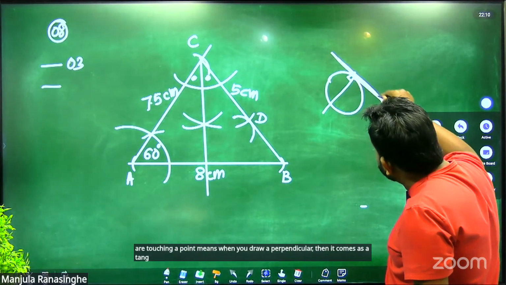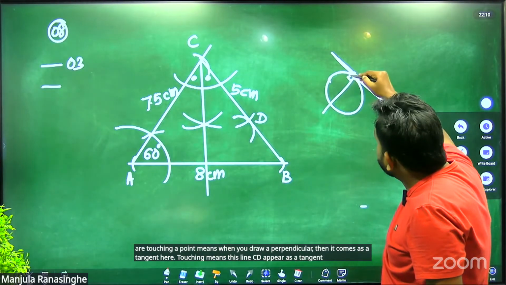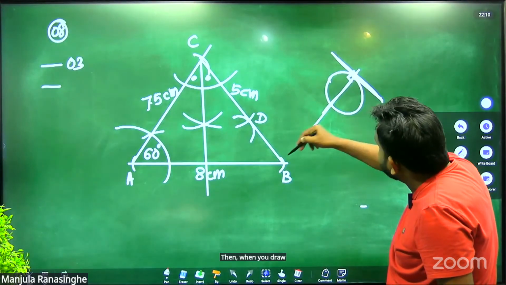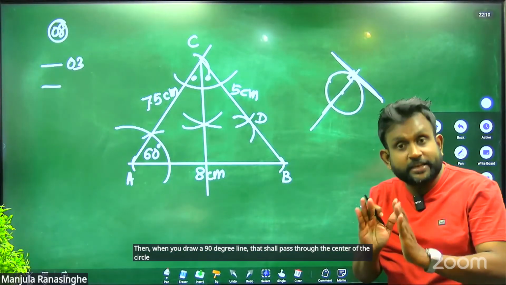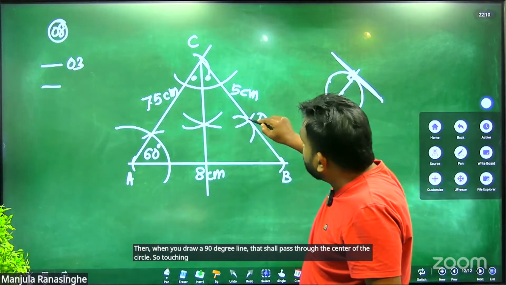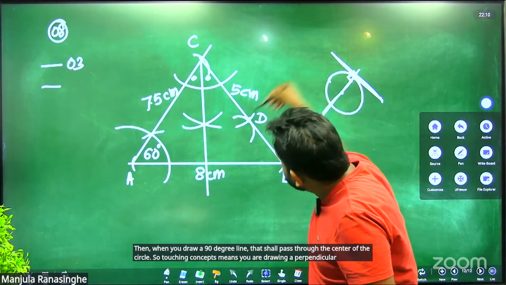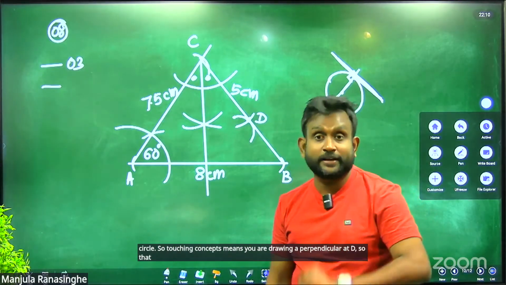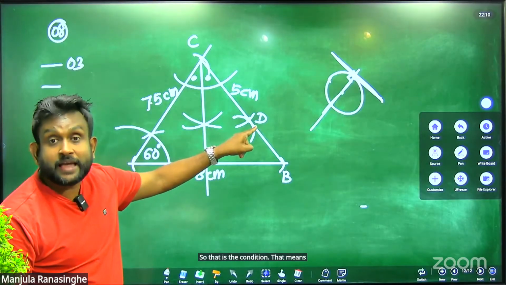Touching means this line CD appears as a tangent to the circle. Then when you draw a 90-degree line, that shall pass through the center of the circle. So touching concepts means you are drawing a perpendicular at D, so that shall pass through the center. So that is the condition. Touch means you draw 90 degrees at D.